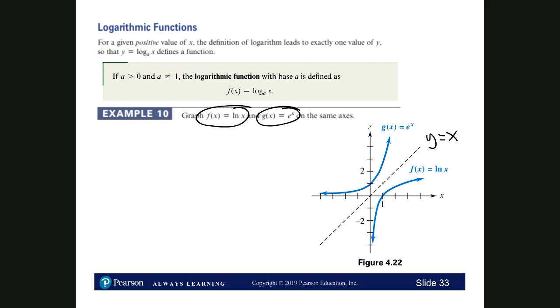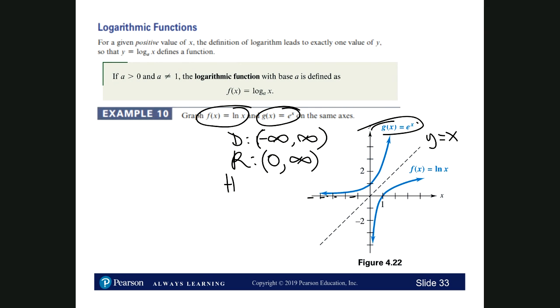Just like we discussed in class, the domain of this exponential function is all real numbers from negative infinity to positive infinity, and the range is from 0 to infinity. We also have that horizontal asymptote for the exponential functions, which happens to be y equals 0.